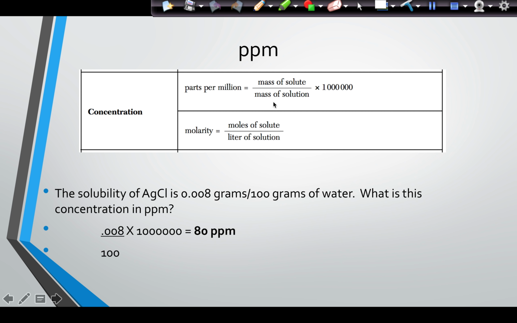Now, because 100.008 and 100 are so close, we can just do it over 100, but the most important part is to remember that in parts per million, instead of multiplying by 100 like we do in percent, we multiply by 1 million so that these numbers are more usable. 80 parts per million is a lot easier to work with than the percent, which would have been lots of zeros in the front. It would have been a really small number.